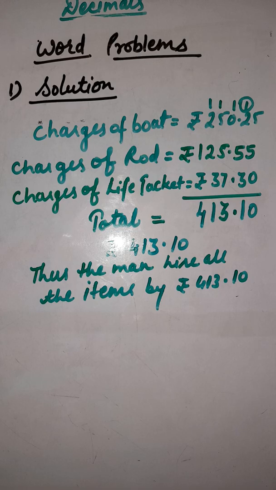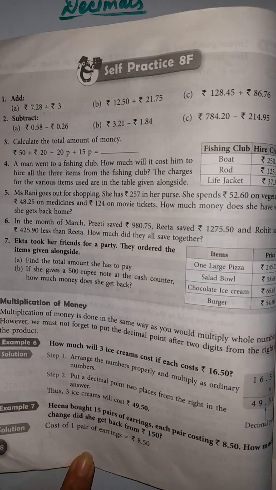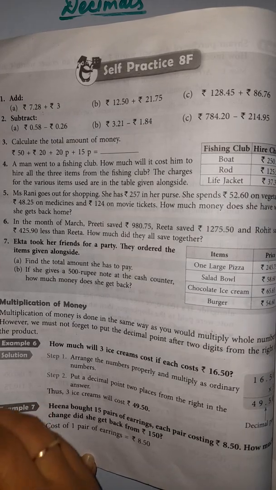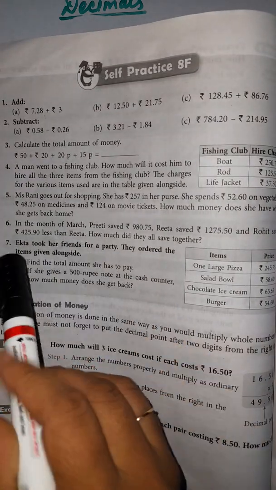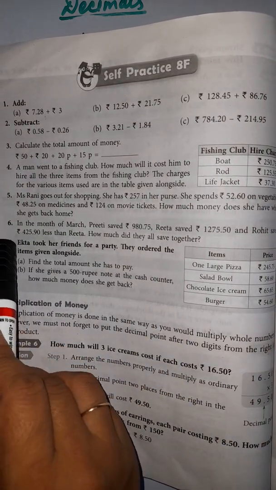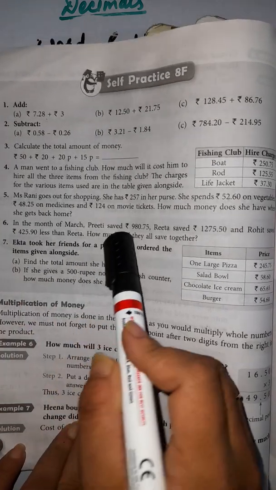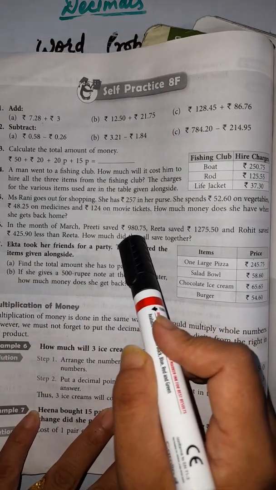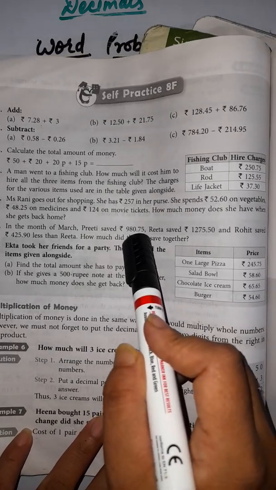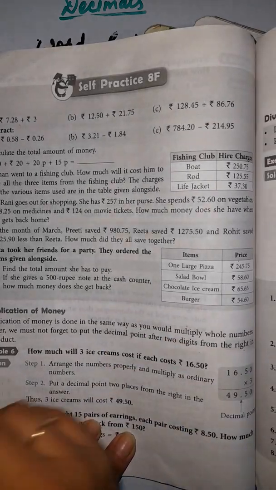Okay? Students, let's take one more example, or one more problem, that is question number 6. In the month of March, Preeti saved rupees 980 and 75 paise.